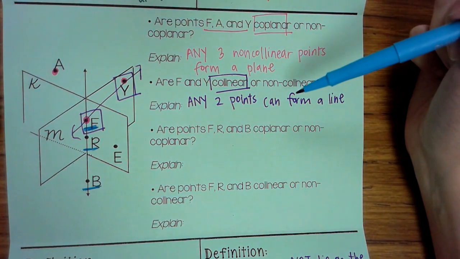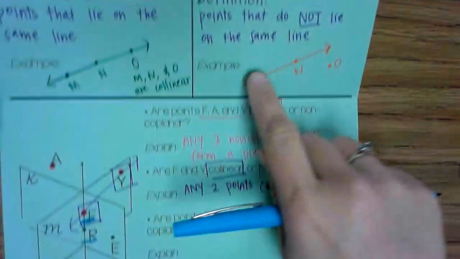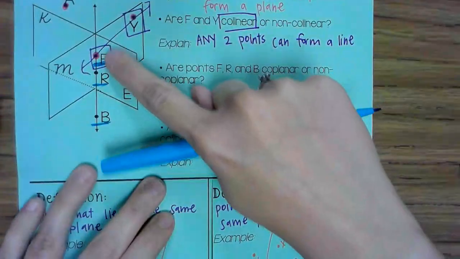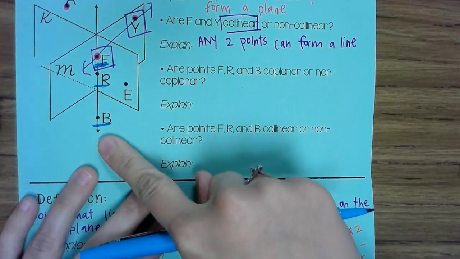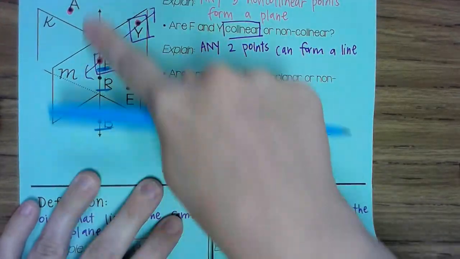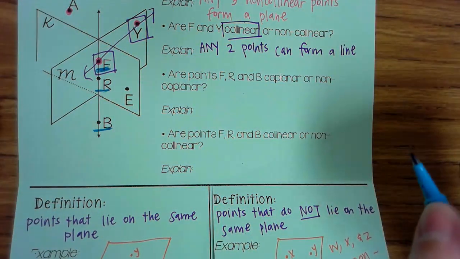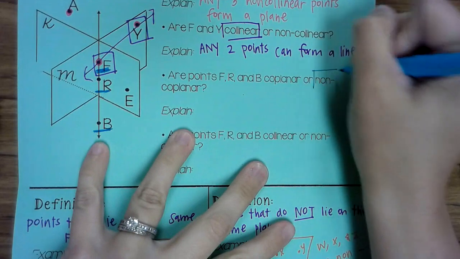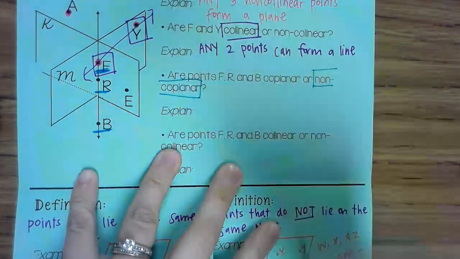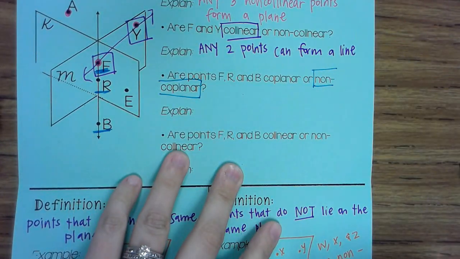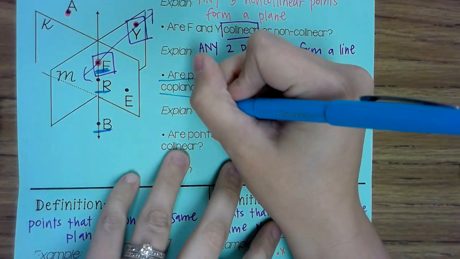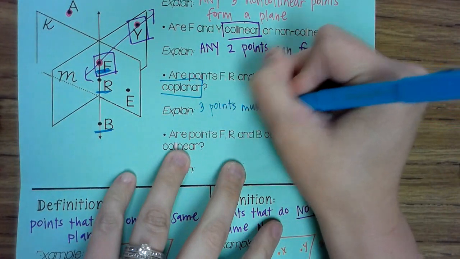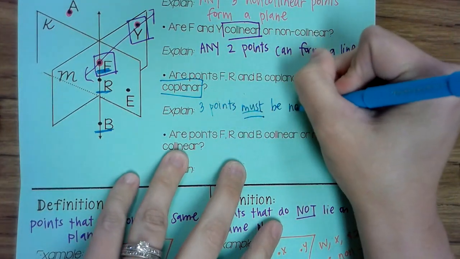Are they non-collinear? Remember, non-collinear means points that do not lie on the same line. So let's check that out. F, R, and B. They all lie on the same line. So since they are collinear, they are not able to form a plane. So I'm going to say that those are non-coplanar. And my reasoning there is going to be that the 3 points must be non-collinear.